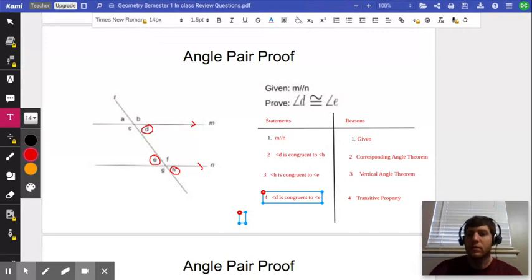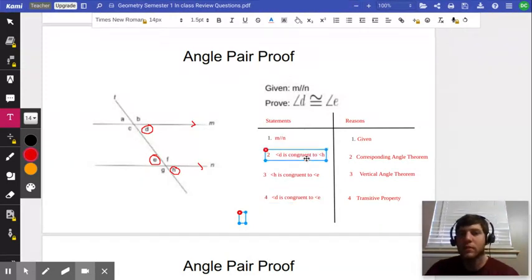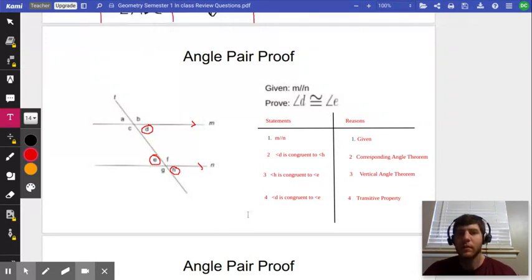You could also use the substitution property. Instead of putting an H here, we could substitute in E because we know E is congruent to H. So step 4 also could have been the same thing because of substitution. But make sure on the test you don't put alternate interior angle theorem here.